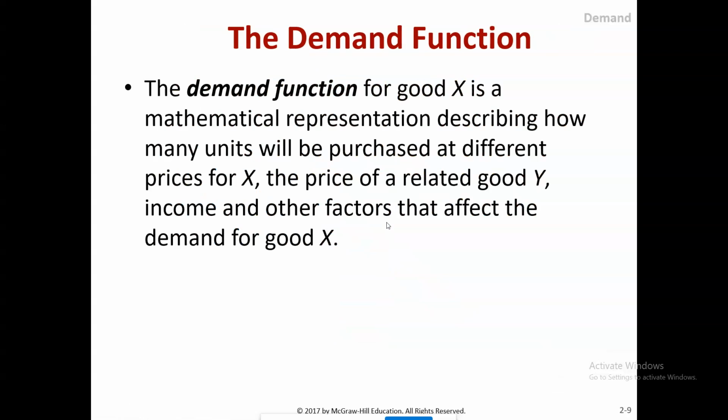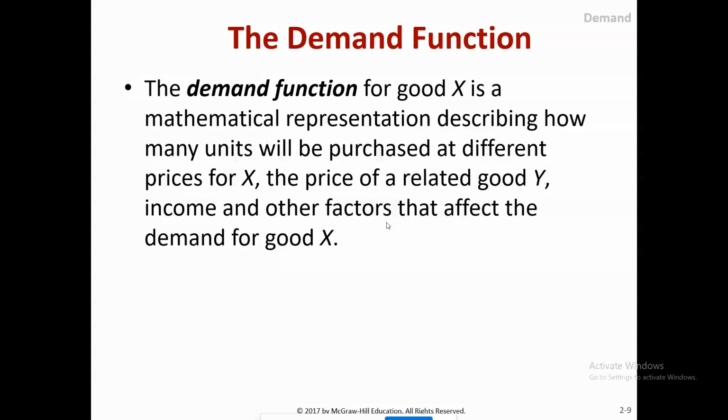Now we'd like to talk about a mathematical expression of the demand function. This part you probably didn't come across in your principles of micro. The demand function for a good X, where X represents any product, could be clothes, furniture, electricity, shoes, books, flight tickets.